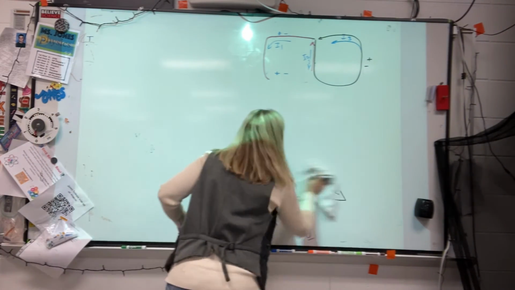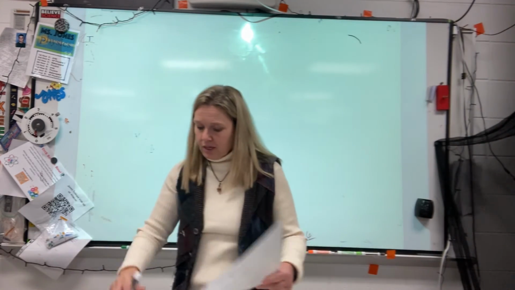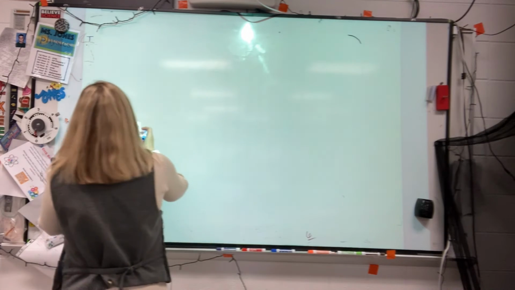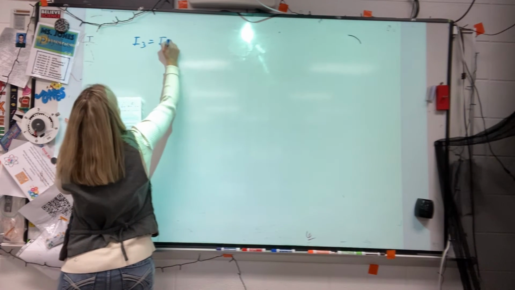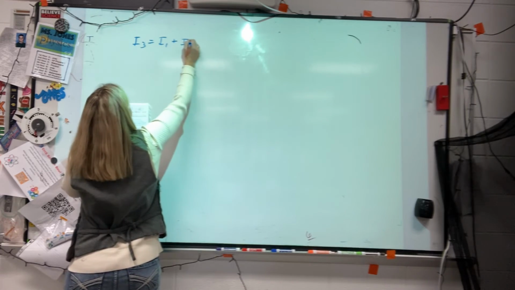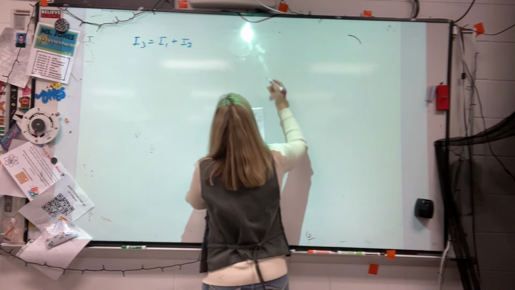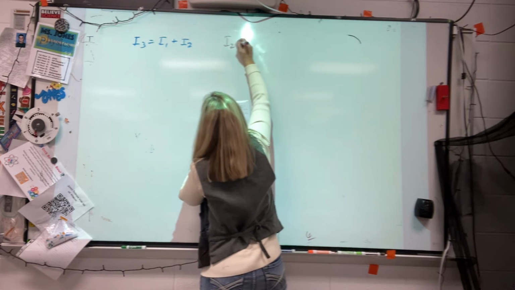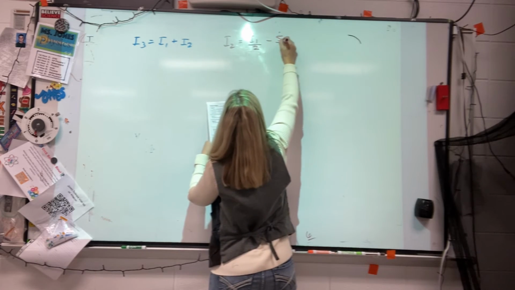All right, so let me rewrite those equations at the top so that we get established here. So we have I3 equals I1 plus I2. Then we had I2 equals I1 over 2 minus 5 over 2.